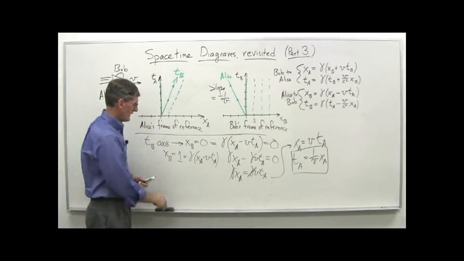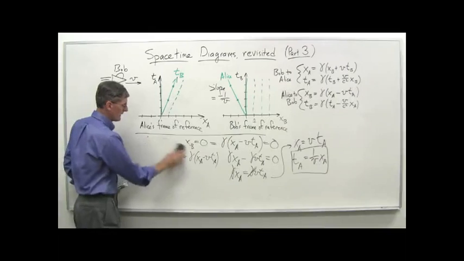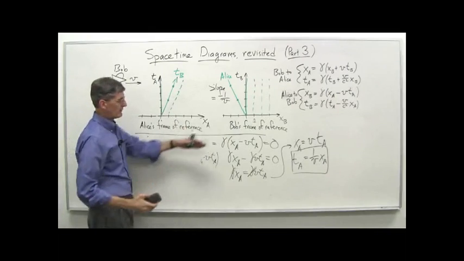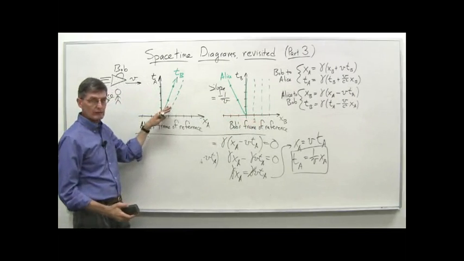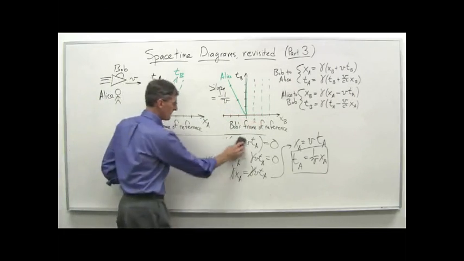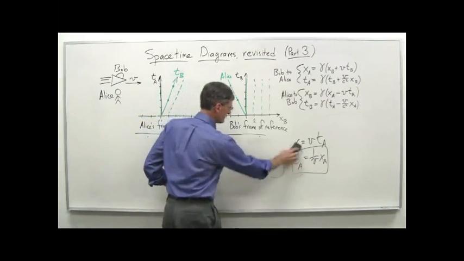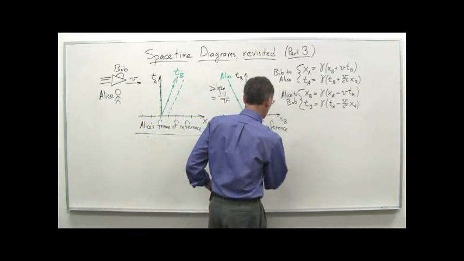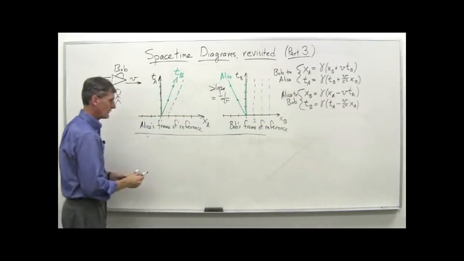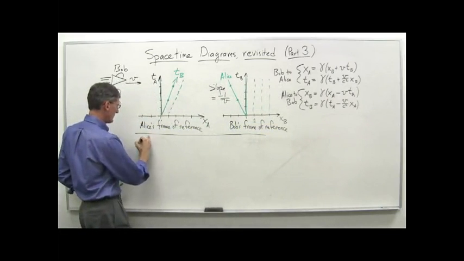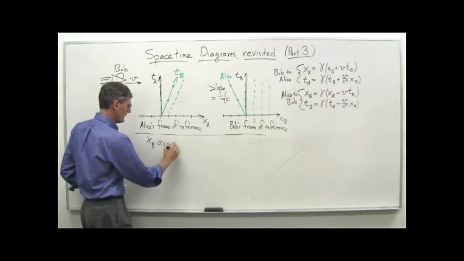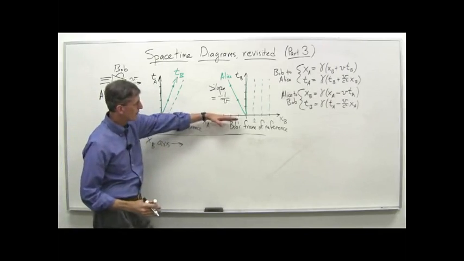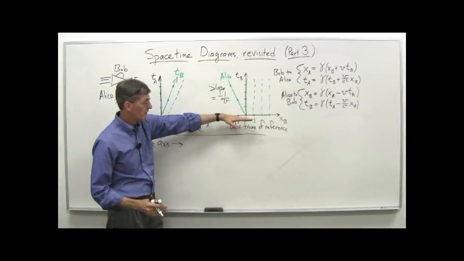Okay, now let's look at the x_b axis. We'd like to take the x_b axis here, and see what it looks like if we put it on Alice's plot. And the x_b axis, of course, is when t_b equals 0.